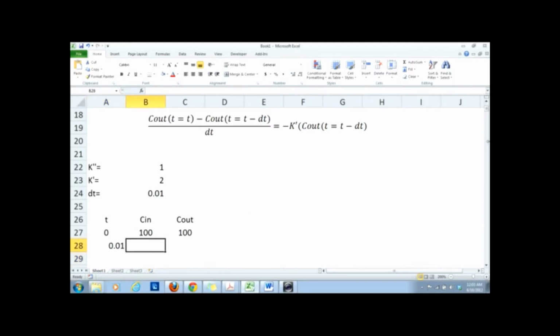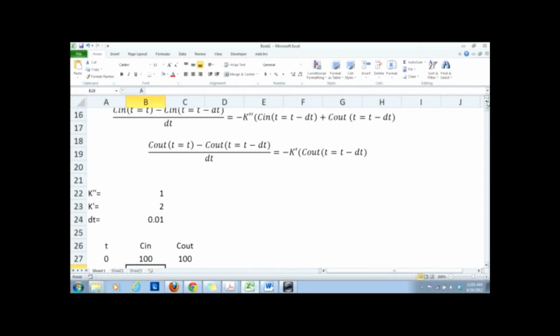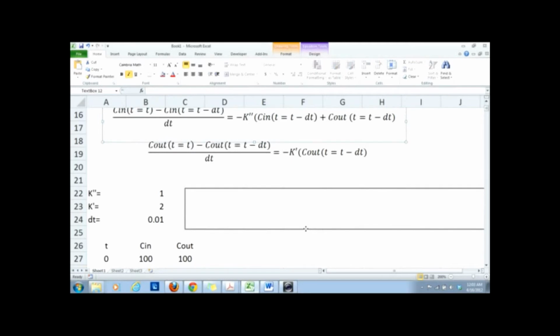Now for C in I will use the formula which is defined here. Let me grab the differential equation here.